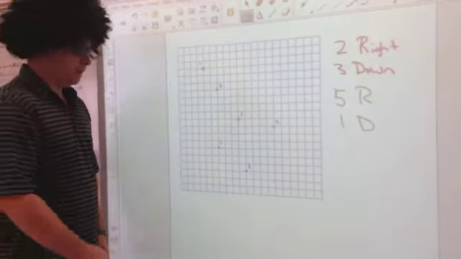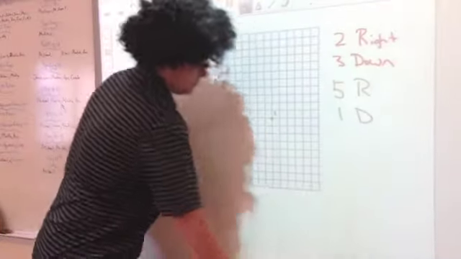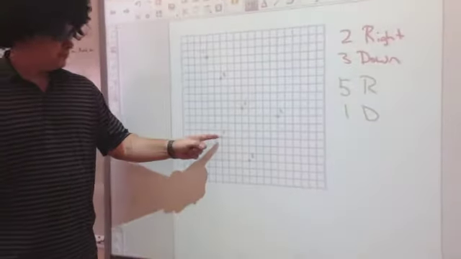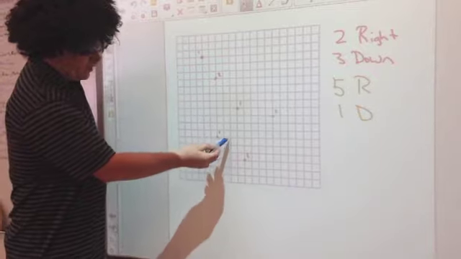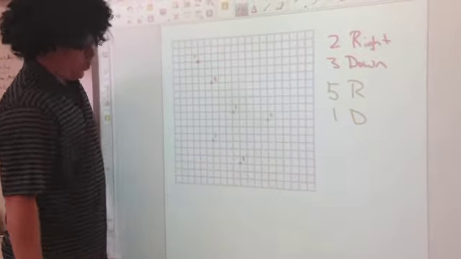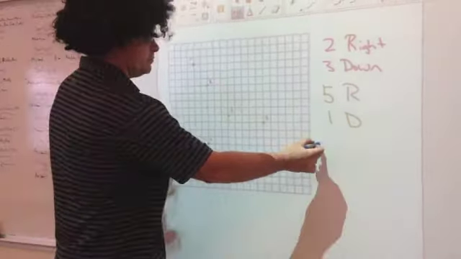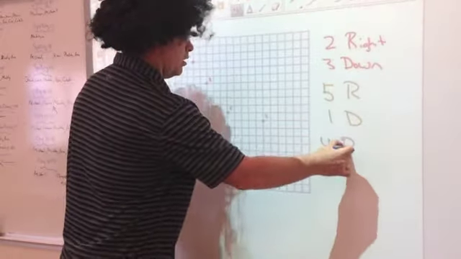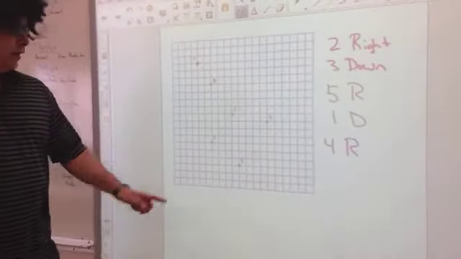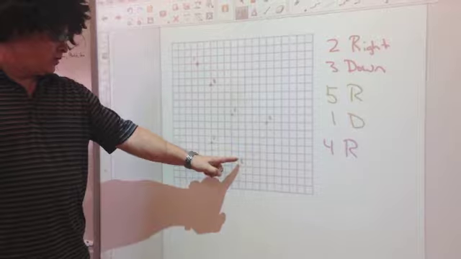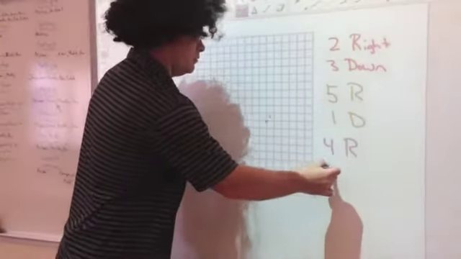That's the green dot. Now we're moving to the blue dot. The blue dot starts here, and we went 1, 2, 3, 4, again to the right. So we're going to go 4, R for 4 right, and we went 1, 2, 3 down.